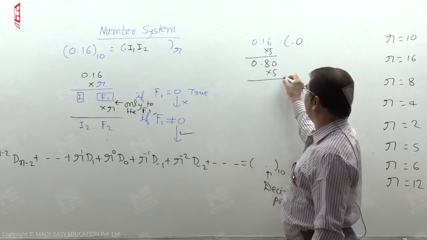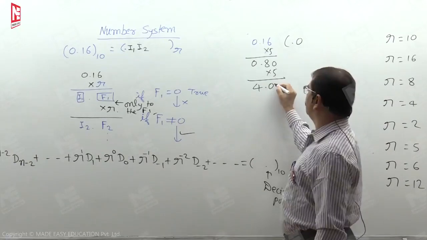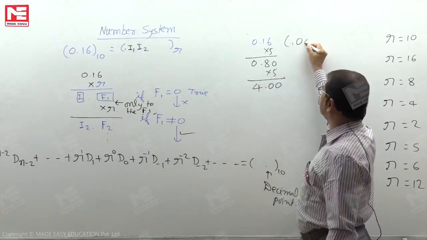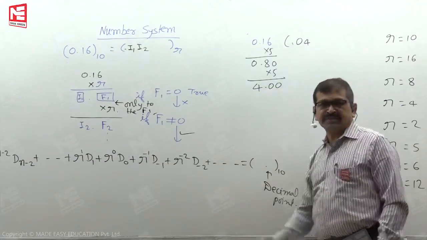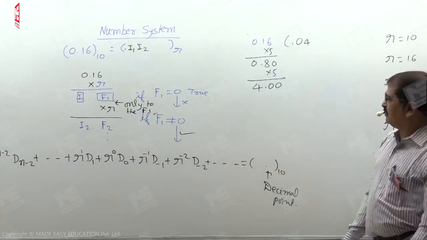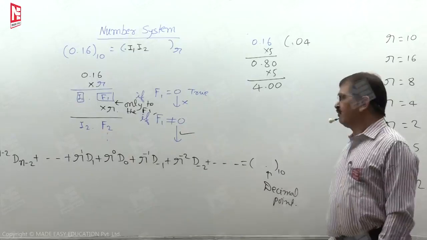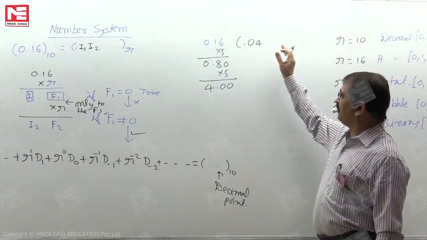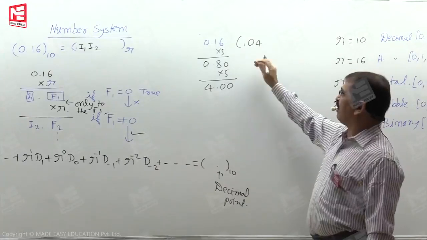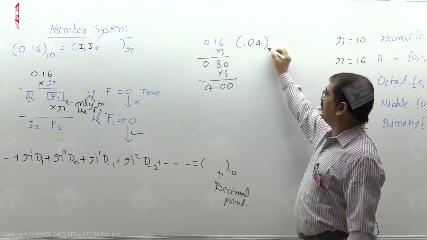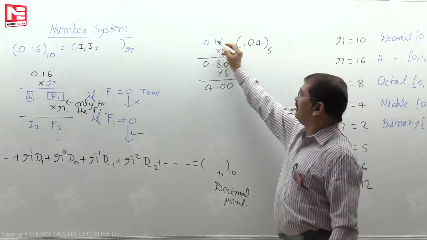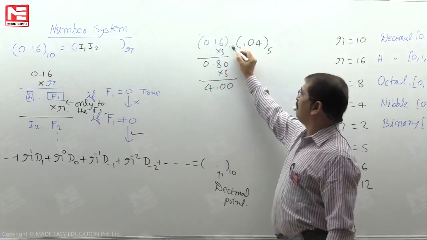Then 0.80 into 5 is 4.00. So after the radix point, the second digit is 4. Because the fractional part is 0, f2 is 0 after 2 multiplications, and we do not need any further multiplication. In fact, this is the exact equivalent of decimal 0.16.